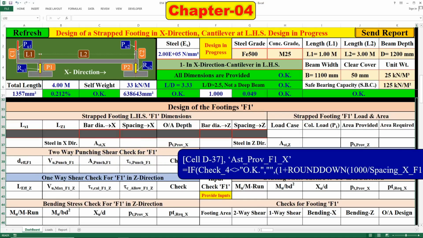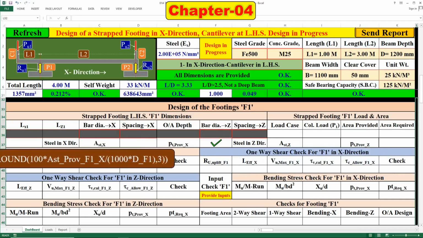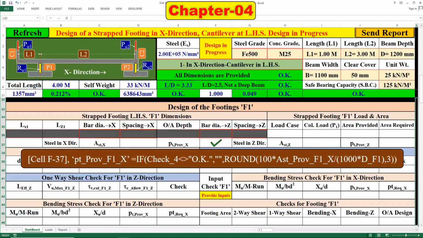Now, we are seeing the formula for percentage of steel provided in X direction for footing F1 in cell F37. Defined name of the cell is PT_PROV_F1_X.